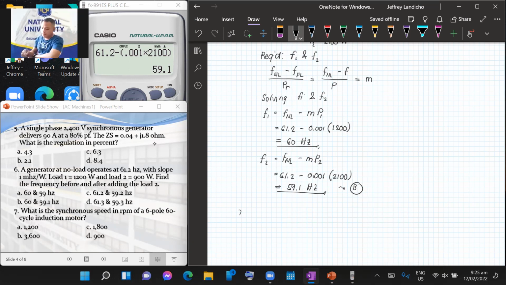Number 7. So for number 7, we have now induction motor. So sa induction motor, para hindi ko na lang i-draw yung kanyang equivalent circuit, it is approximately the same with the practical transformer.